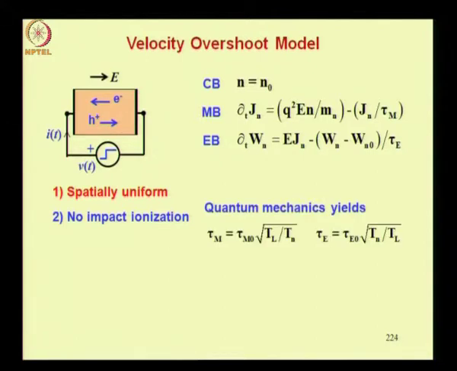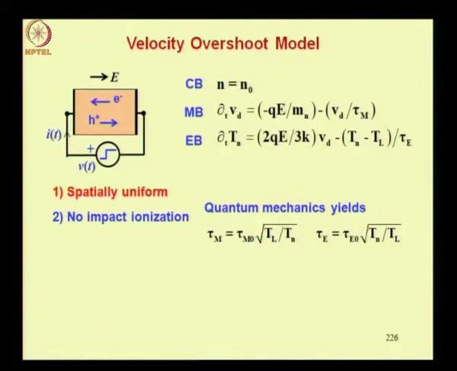So tau m and tau e are obtained from quantum mechanics, and since they are given in terms of the electron temperature, we convert the kinetic energy balance equation to an equation in terms of electron temperature, for which we use this expression and we neglect the directed component, regarding the thermal component to dominate. Now the result of that would be equations shown here.